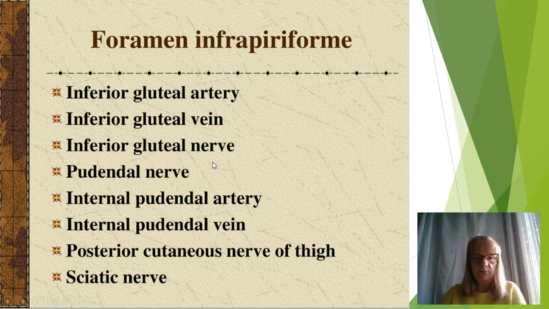After that, we have the pudendal nerve, internal pudendal artery and vein. Please note the difference: pudendal nerve, but internal pudendal artery and vein. Then the posterior cutaneous nerve of the thigh and the sciatic nerve. The last two structures are long branches of the sacral plexus: the posterior cutaneous nerve of the thigh and the sciatic nerve.